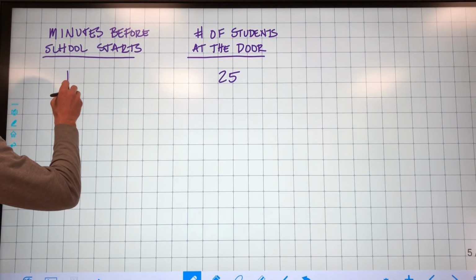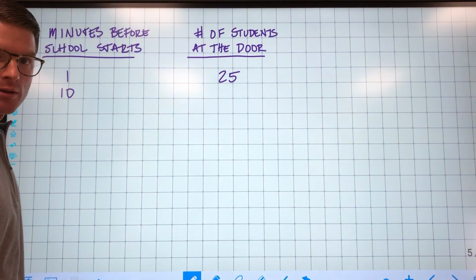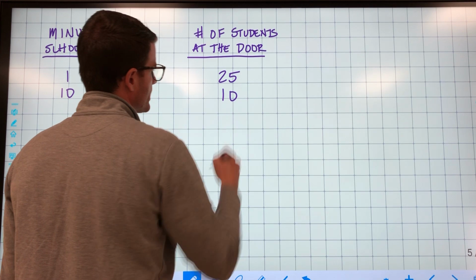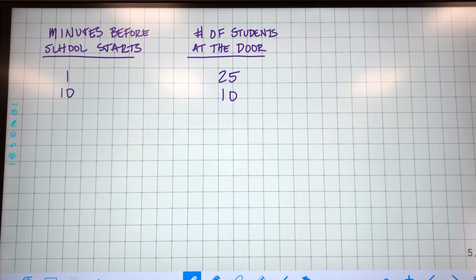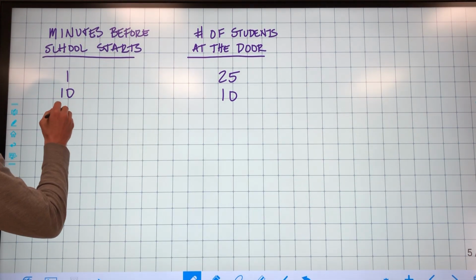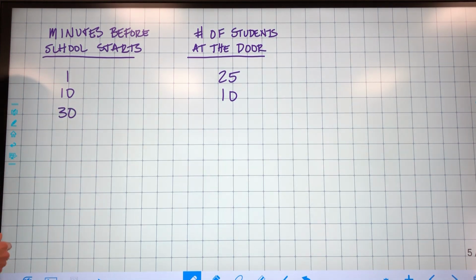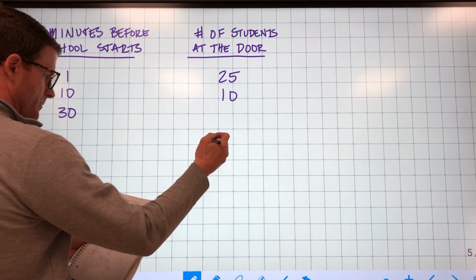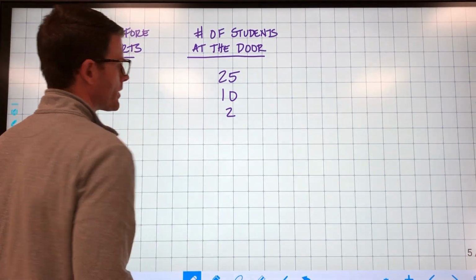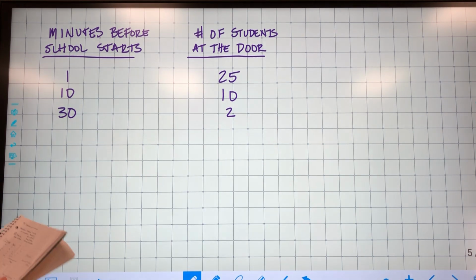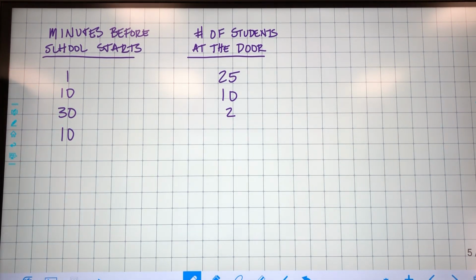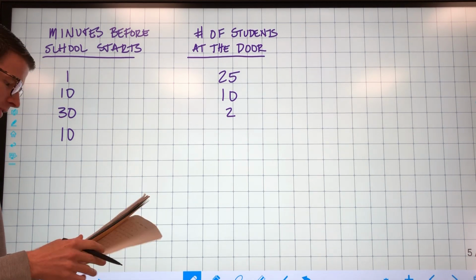Then on Tuesday, I show up 10 minutes before school starts, so 7:50. And there were only 10 students waiting outside this time. On Wednesday, I get there real early, 30 minutes before school starts. Maybe Mr. David's got a review session that morning. So 30 minutes before school starts, weird. Only 2 students were there that day. On Thursday, I show up 10 minutes before school starts again, so 7:50.